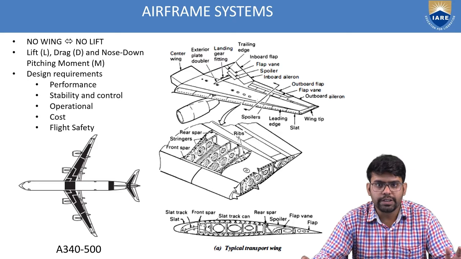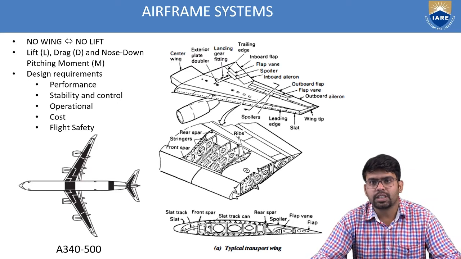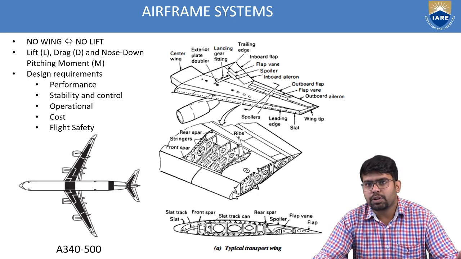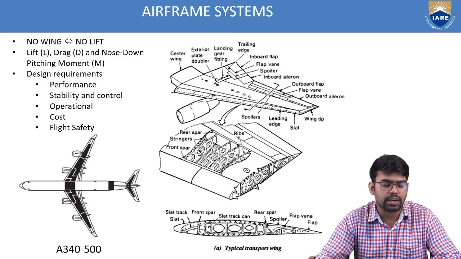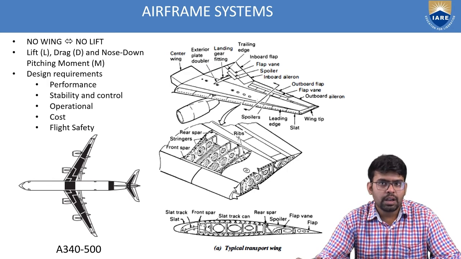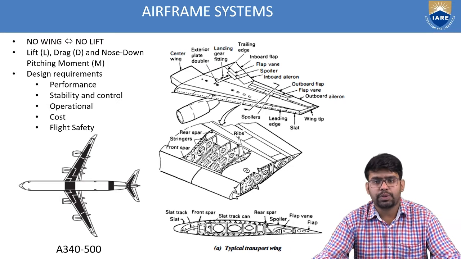But due to lift, we also have two other forces that are unavoidable, which are drag and nose down pitching moment. When an engineer designs a wing, or designs an aircraft system with a wing, the main aim is to increase the lift component L and to decrease the drag and pitching moment components.